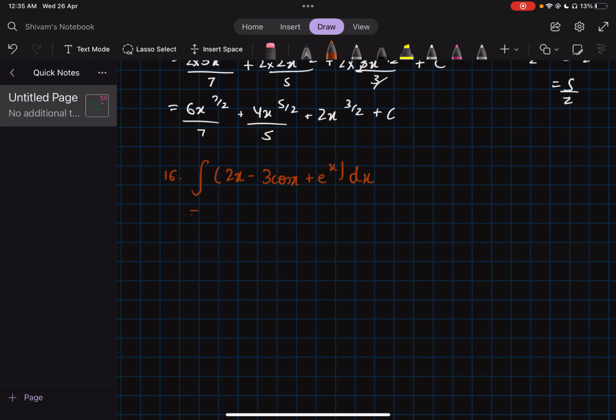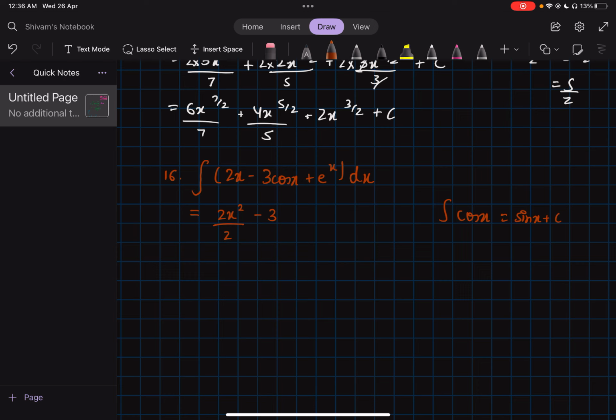Right. So I'm going to use the power rule directly this time, separately, for the first term. So it's 2x to the first power. So you're going to add 1 to the power and divide by the new power. Then you're going to write the coefficient separately. And for cosine x, we know that its integral is sine x plus c.